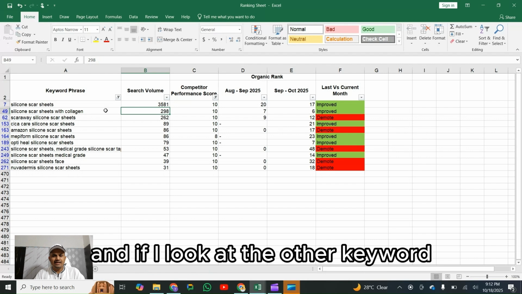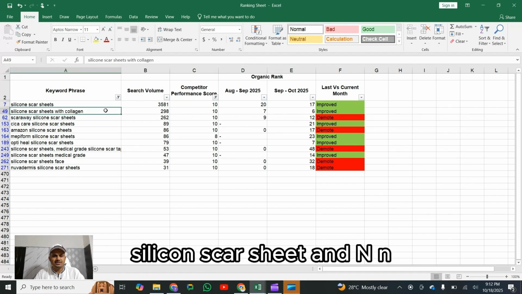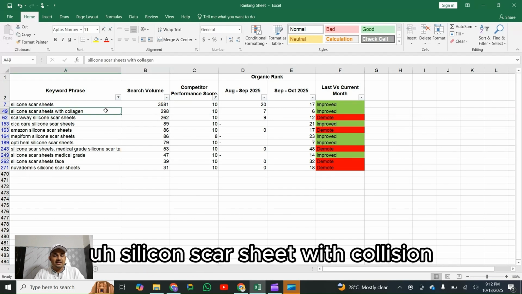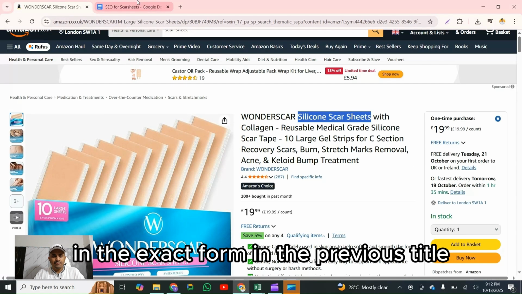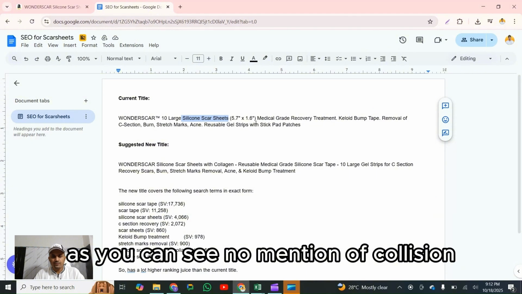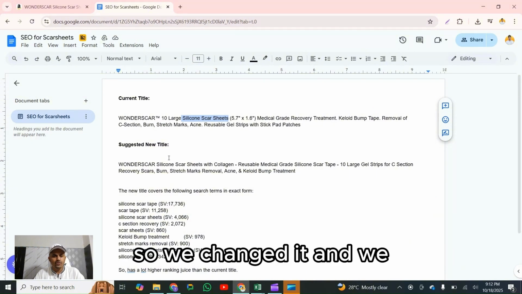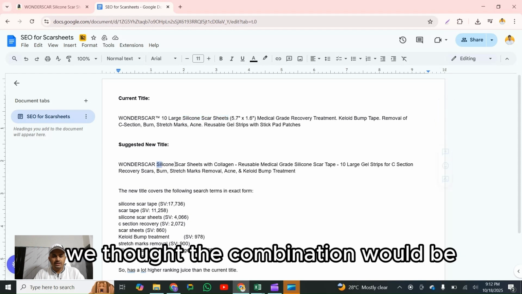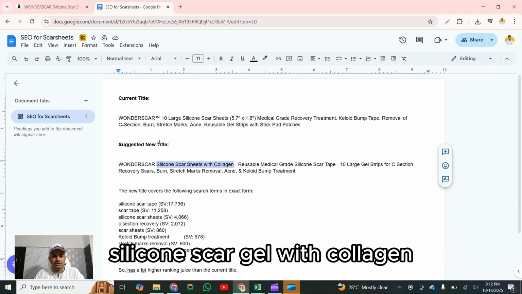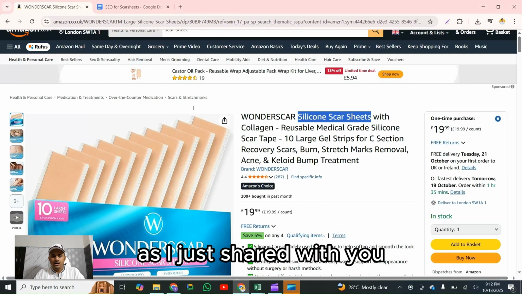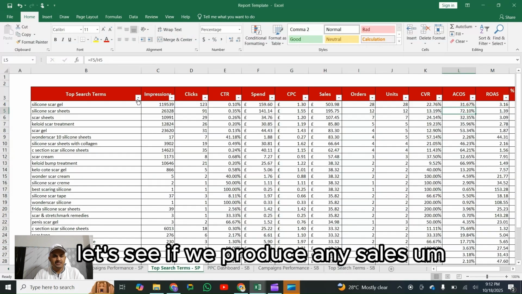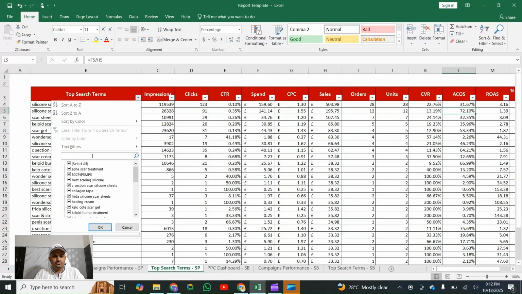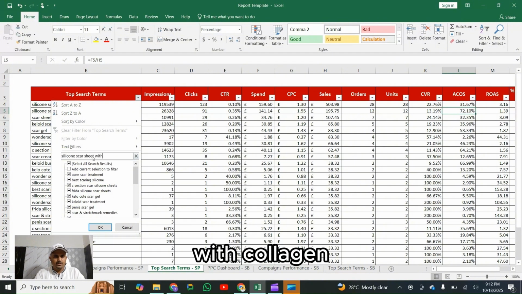And if I look at the other keyword, silicon scar sheet with collagen, which wasn't in the exact form in the previous title, as you can see, no mention of collagen. So we changed it, and we thought the combination would be silicon scar gel with collagen, as I just shared with you, and we added it. Let's see if we produced any sales, silicon scar sheet with collagen.